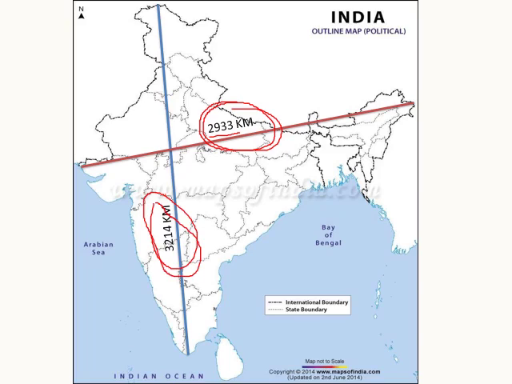So we can say that it is pretty much similar, but the distance from north to south, from Jammu Kashmir to Kanyakumari, is longer as compared to the distance from Gujarat to Arunachal Pradesh. The north to south extent is about 281 kilometer more than the east-west extent.